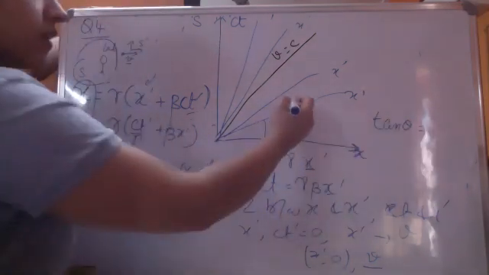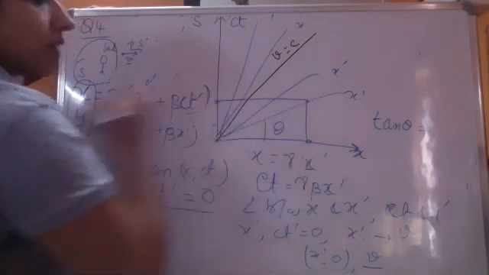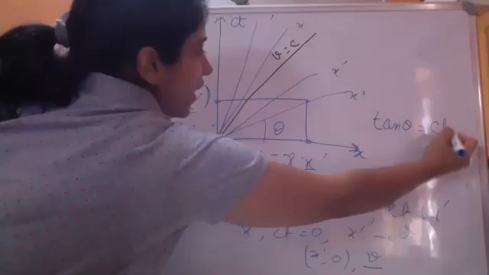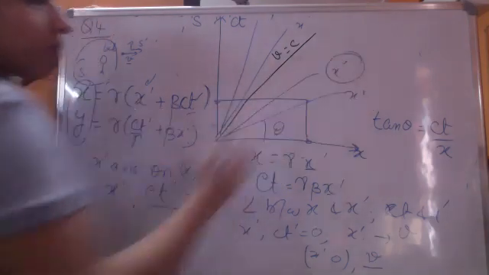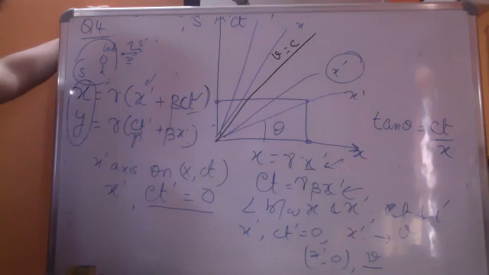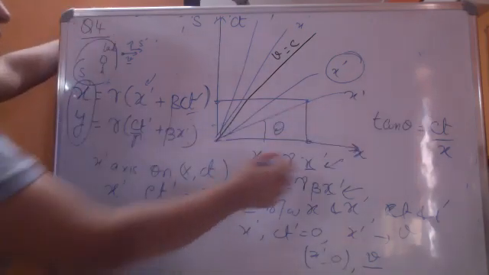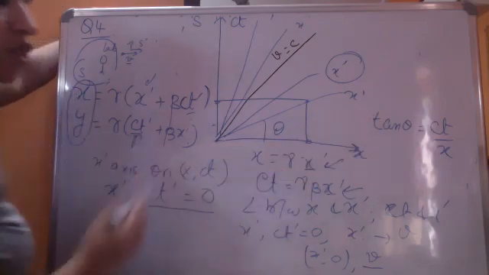What would that tan theta be? That tan theta for this x prime line will be ct by x. But what is this x prime? Now it has to satisfy this constraint. So it cannot be any theta which is ct by x, but a tan theta that will be such that it has to satisfy these two constraints.